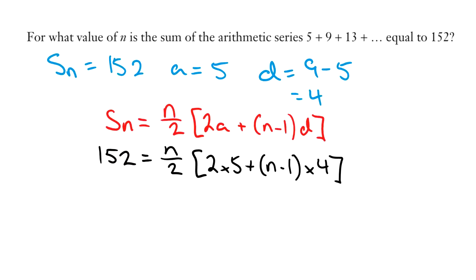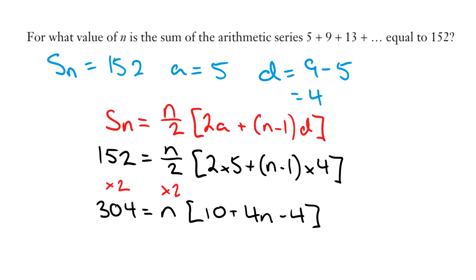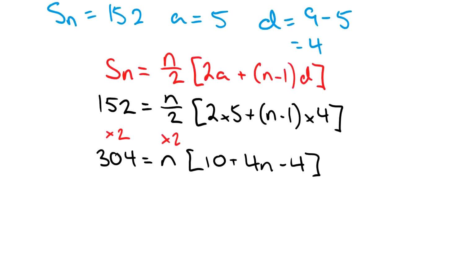I'm going to multiply my 2 over this side so I can get rid of any fractions. Like that. Now we can multiply the n on the inside.